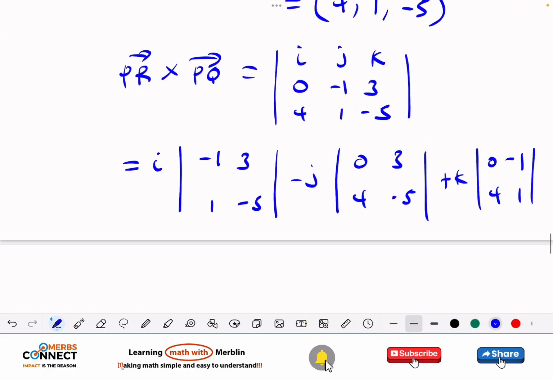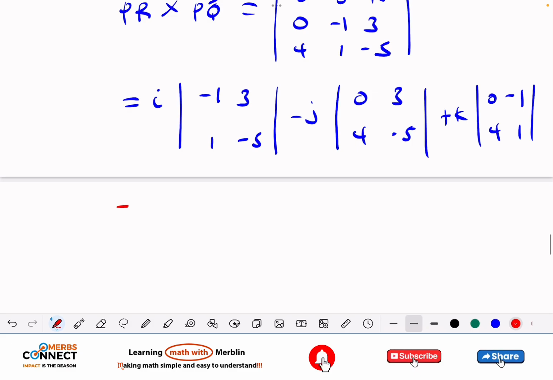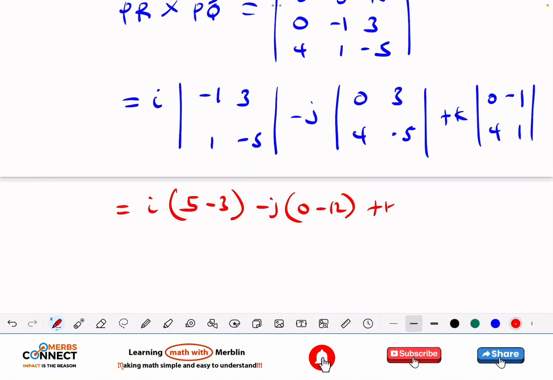Let's try and expand. This is going to give us i times 5 minus 3, minus j times 0 minus 12, plus k times 0 plus 4.